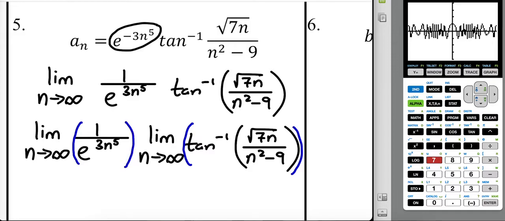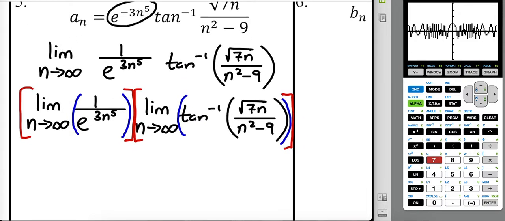Alright, so we're going to find the product of these two. And hopefully that'll get us where we need to go.